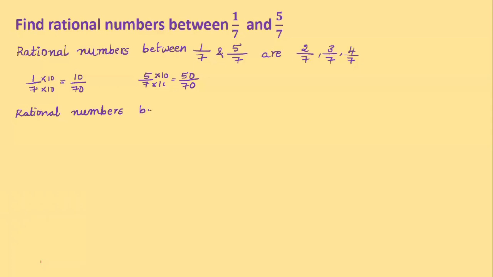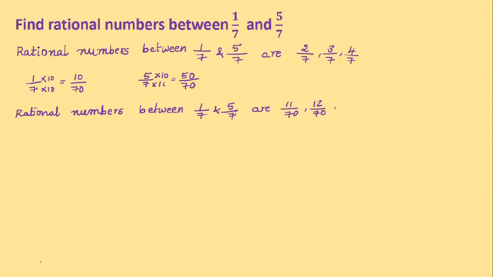So now rational numbers between 1 by 7 and 5 by 7 are, see there we have 10 by 70 and 50 by 70.